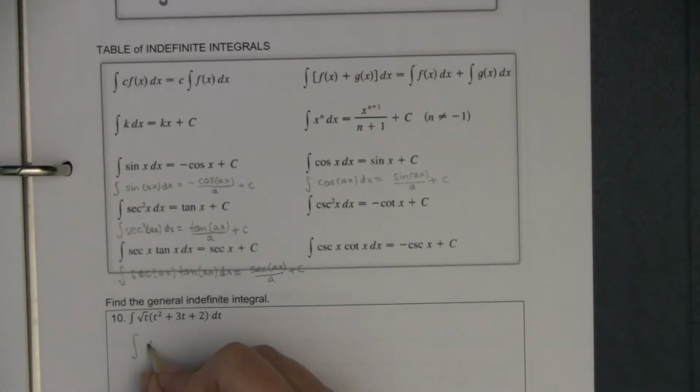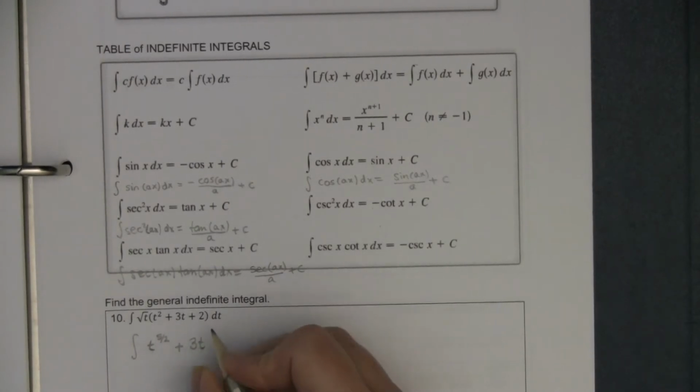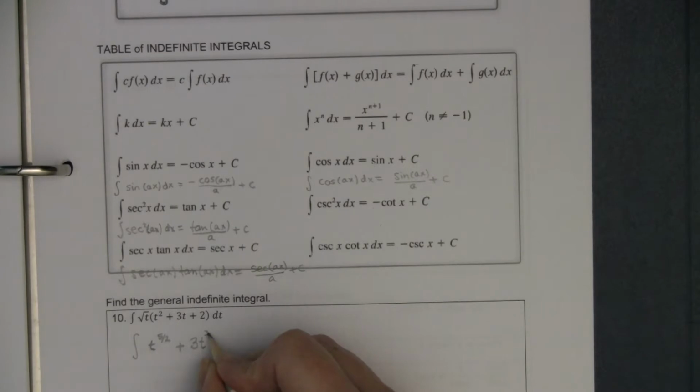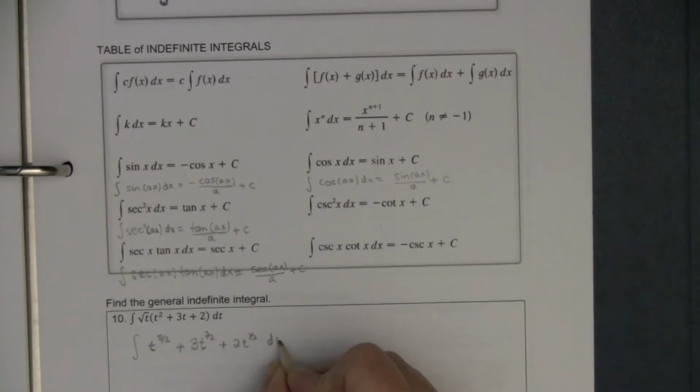So this is t to the 5 halves, plus 3t to the 3 halves, plus 2 t to the half dt.